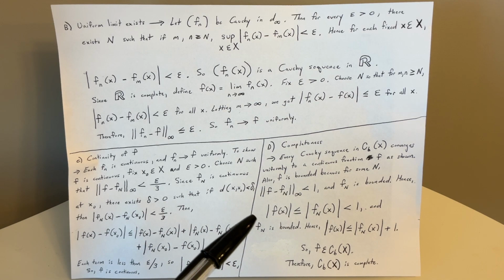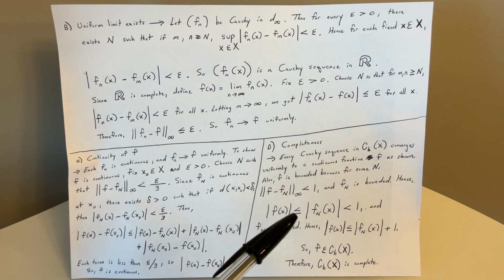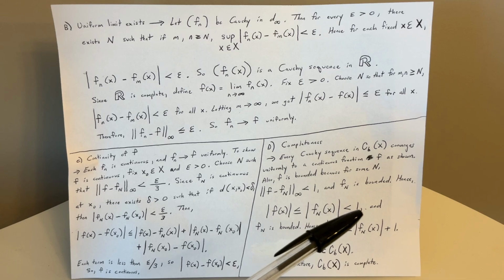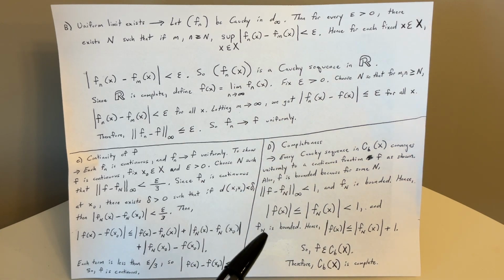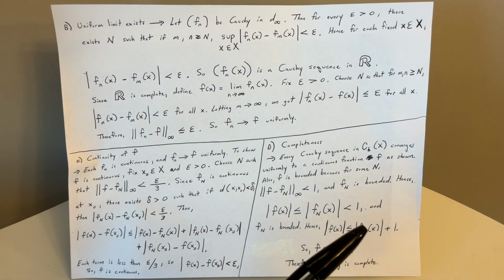Hence, the absolute value of f of x is less than or equal to the absolute value of f sub n of x plus 1. So f is an element of C sub b of X. Therefore, C sub b of X is complete.